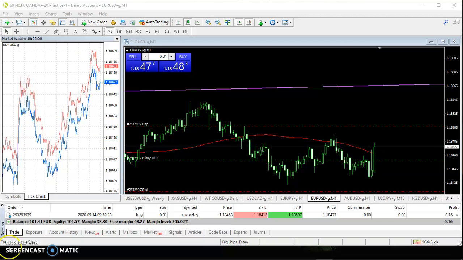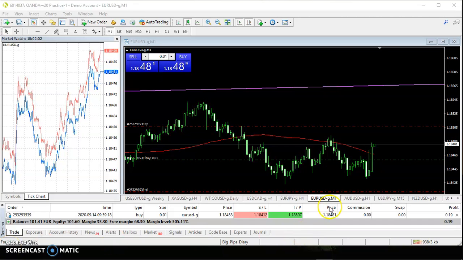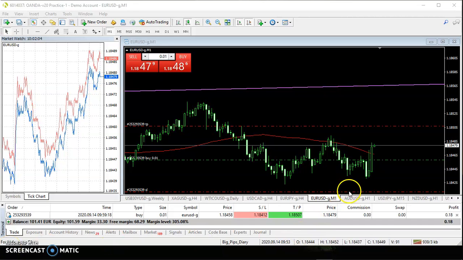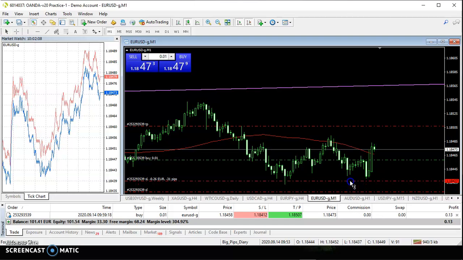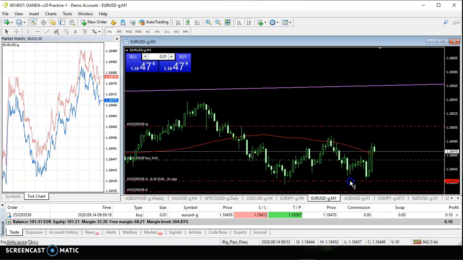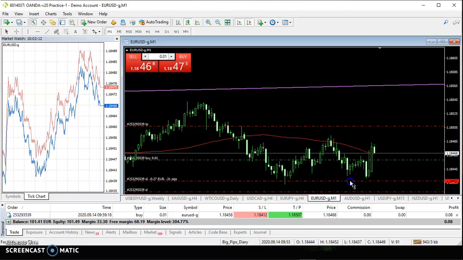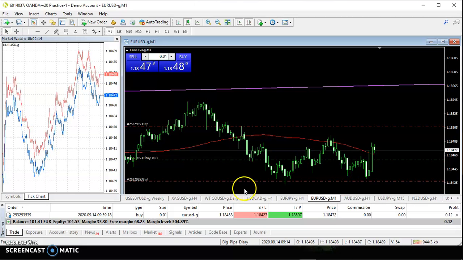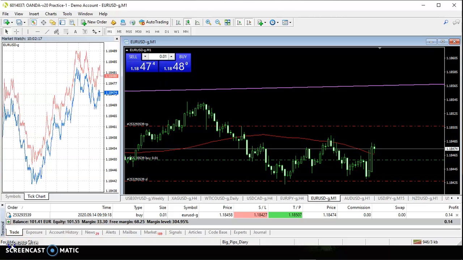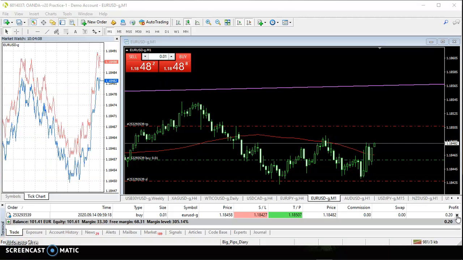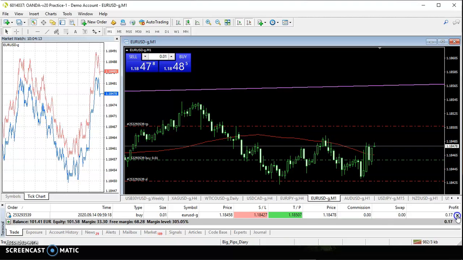As you can see, it's trying to go higher. I change my stop loss, even if it's too early, but I'm trying to, and I stopped. Hello, I'm closing my position. It's now stopped.